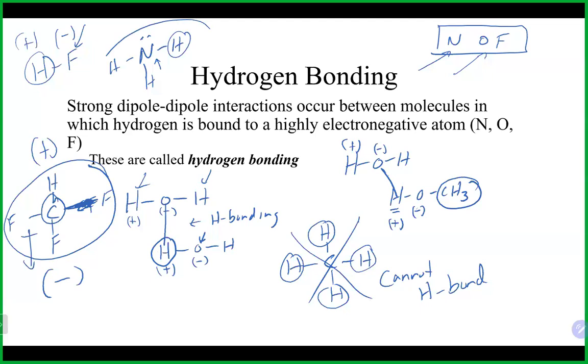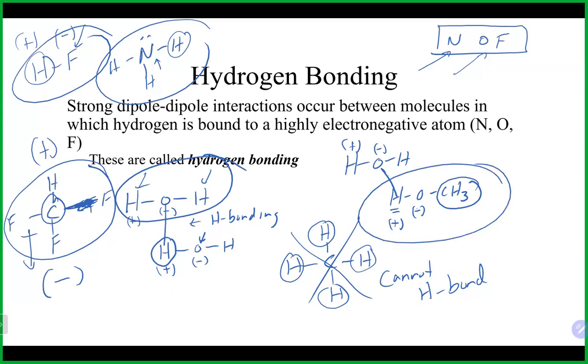While ammonia, like HF, or even water here, or even methanol that I drew as well, all those are polar molecules, but they have the ability to hydrogen bond. So the best classification of their intermolecular force would be hydrogen bonding versus, say, dipole-dipole.